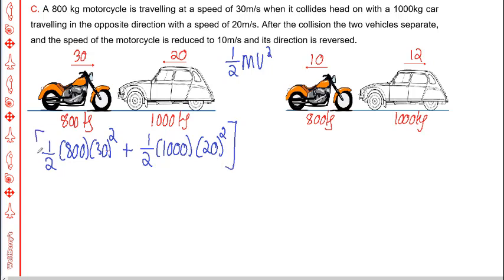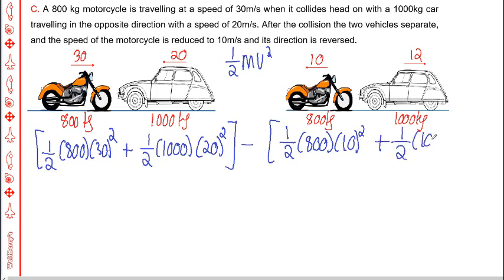That's the initial kinetic energy minus the final kinetic energy. It's that simple. Half times 800 times 10 squared. Don't forget to square it, common mistake. Plus a half mass of the car times 12 squared. You go ahead and you plug these numbers in and you find the final value.